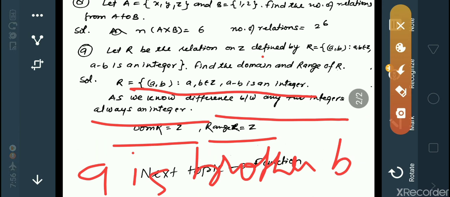So relation is nothing but a condition, and according to that condition we have to list all the elements satisfying that condition. Means what will be relation? Relation will be the collection of all those ordered pairs which satisfy the given condition.